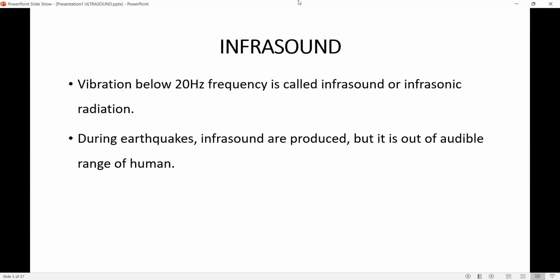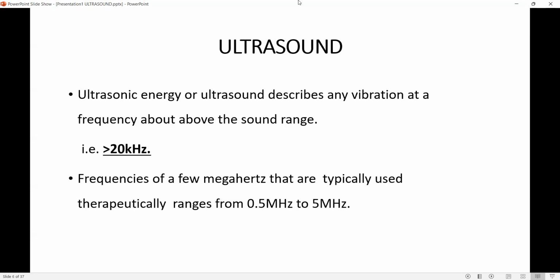Infrasound: vibration below 20 Hz frequency is called infrasound or infrasonic radiation. During an earthquake, infrasound is produced, but it is out of the audible range of humans. Ultrasound describes any vibration at a frequency above the sound range, that is 20 kHz.